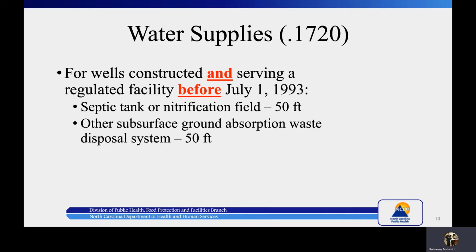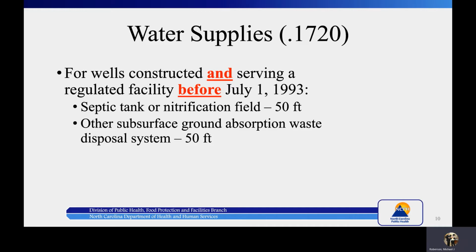So let's take a look at wells that were constructed and serving a regulated facility before July 1st, 1993. Let's take a moment and think about that, because that's a loaded concept. Think about a facility that you have had permitted since 1990, so prior to July 1st of 1993.